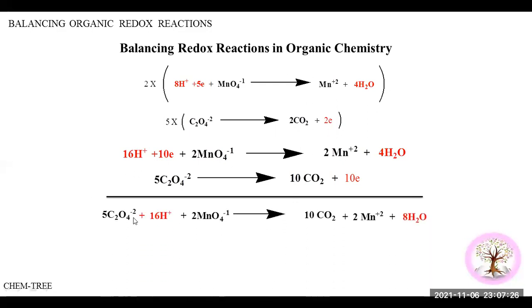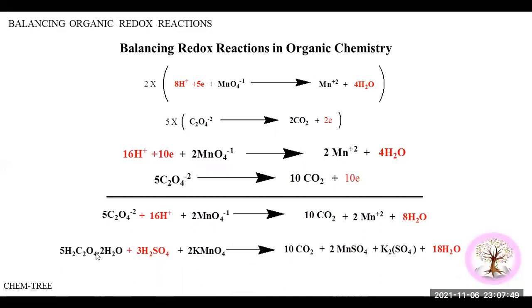You have to write over here 16H plus, 5 oxalate ions and 2 permanganate ions, and then 10 carbon dioxide, 2 manganese +2 and 8H2O. Instead of this H plus, you can write sulfuric acid, and instead of oxalate ion, you can write oxalic acid. As you know, the formula of oxalic acid is dihydrate, so you have to write it in this way.